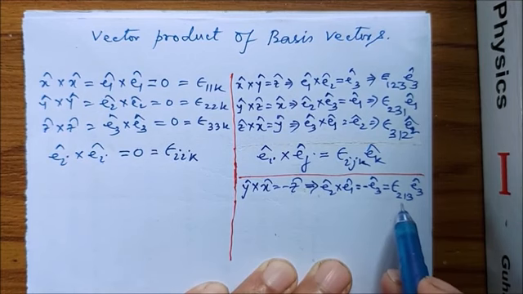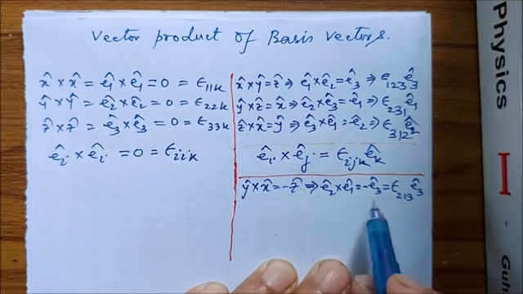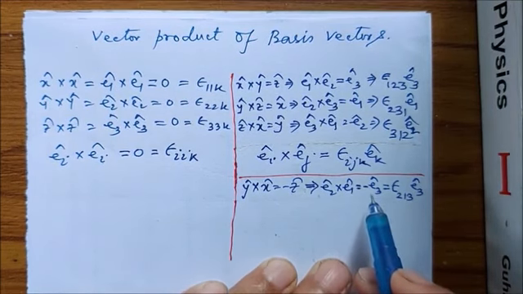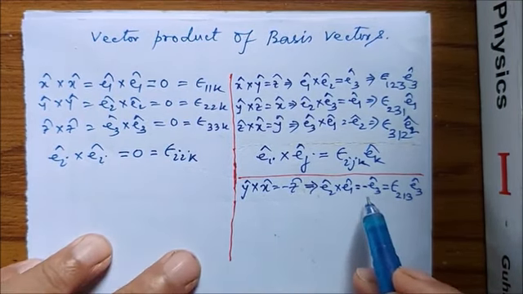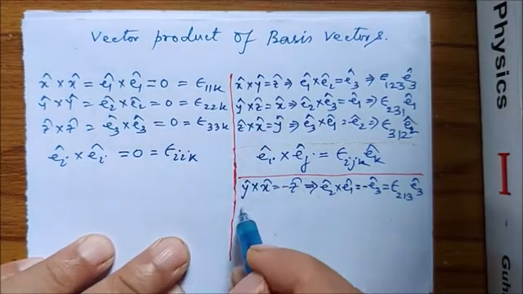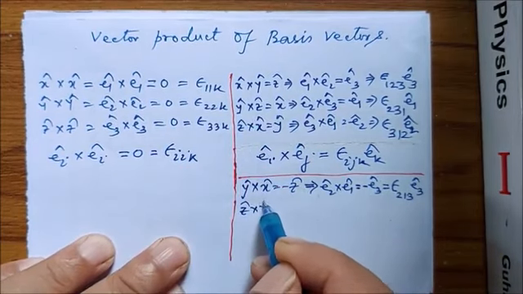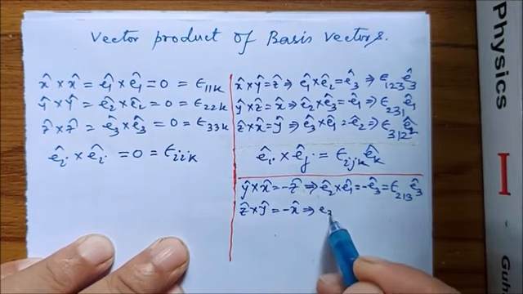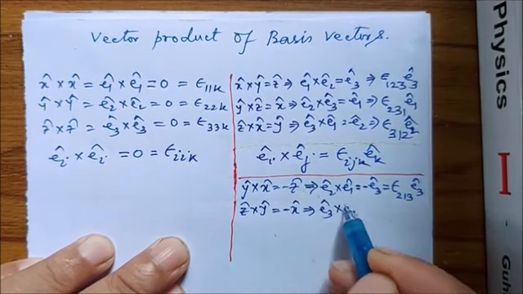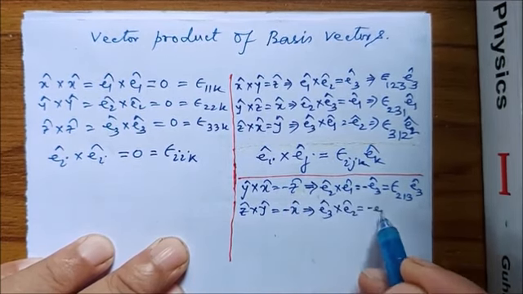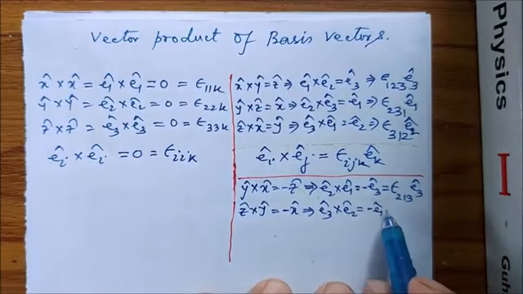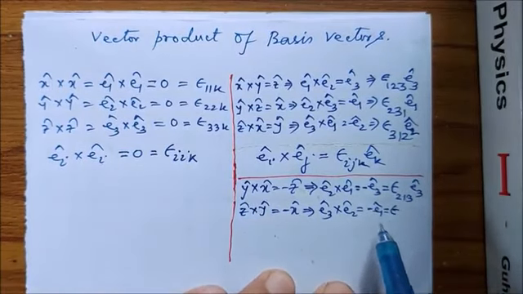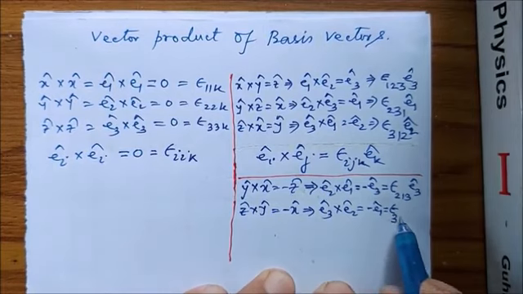So the arrangement is not cyclic but anticyclic, and therefore it is minus 1. Similarly, the other relations. Three, 2, 1.